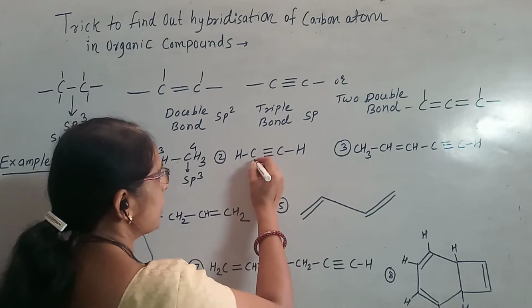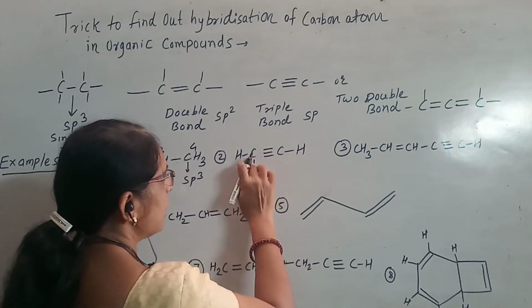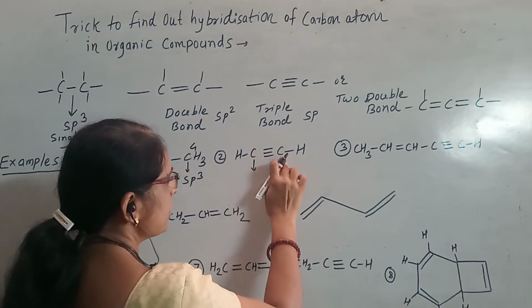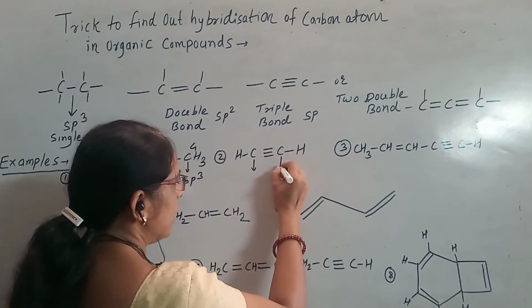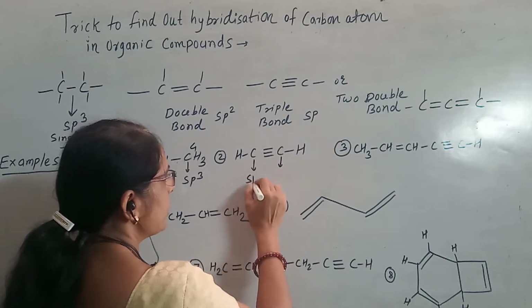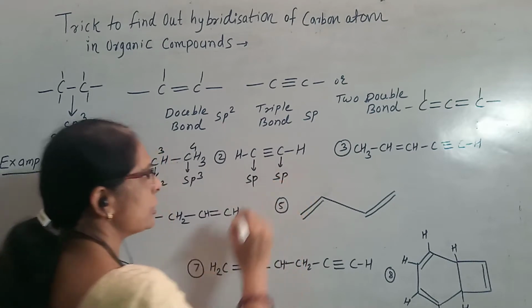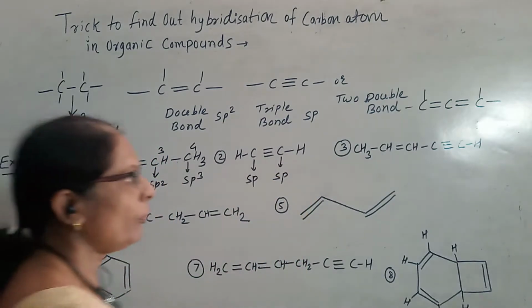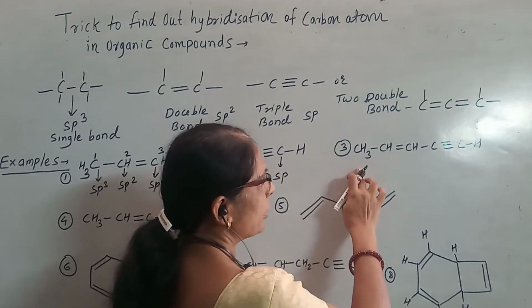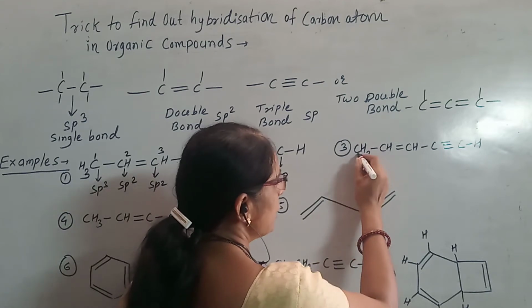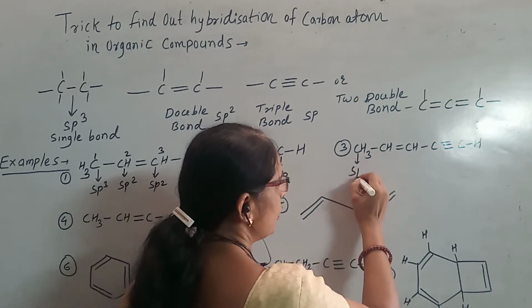Now let us consider this example. In this example, this carbon is bonded with a triple bond and this carbon is also bonded with a triple bond. As it is a triple bond, the hybridization of each carbon is sp. Now let us consider example number 3. In example number 3, this carbon is bonded with a single bond, so sp3.